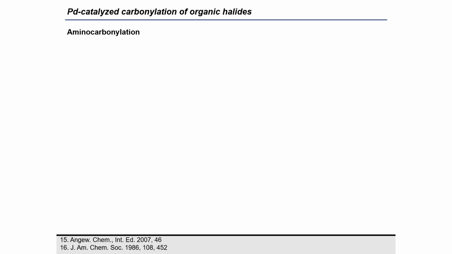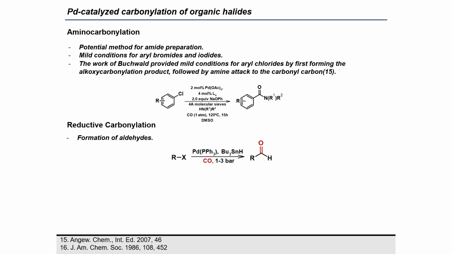Another important palladium-catalyzed carbonylation of organic halides is the aminocarbonylation, especially useful for the preparation of amides, very useful in the pharmaceutical industry. Mild conditions were observed initially for aryl bromides and iodides. Then the work of another chemistry legend, Buchwald, provided mild conditions for aryl chlorides.